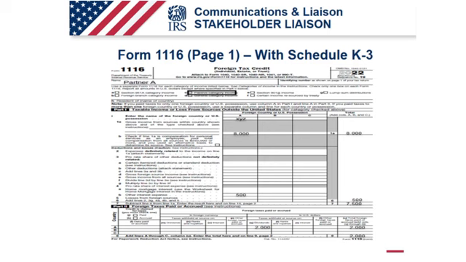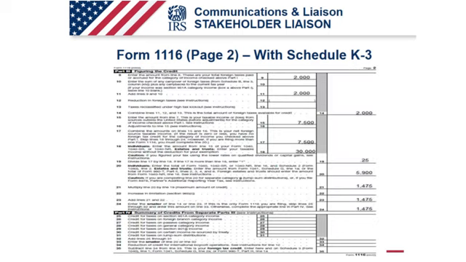Part 2, we still have the same amount of foreign taxes paid, $2,000. That didn't change. We go to the next page of the 1116, and we see again the $2,000 carried over. That's the foreign taxes paid. Now we see on lines 15 and 17 the new higher amount of foreign source taxable income, $7,500.